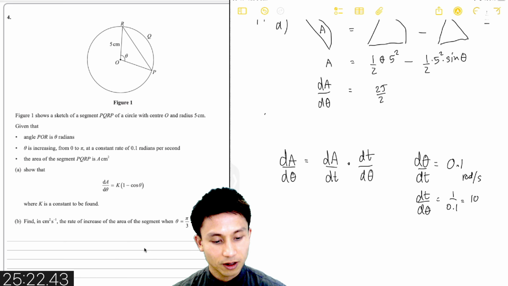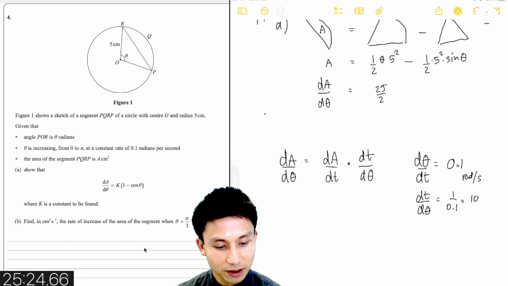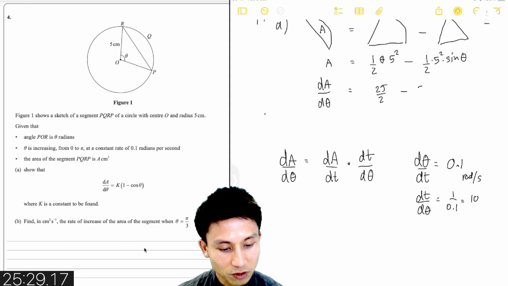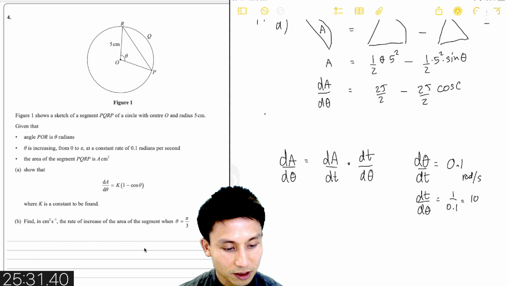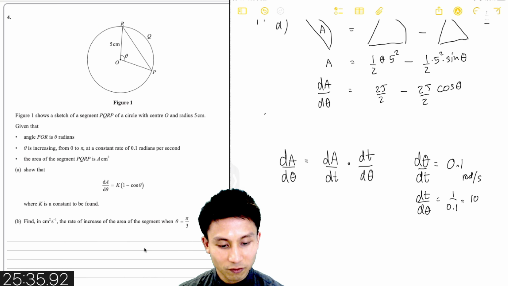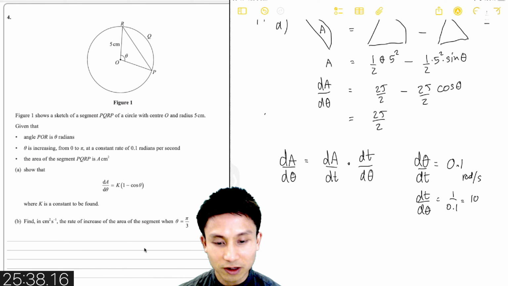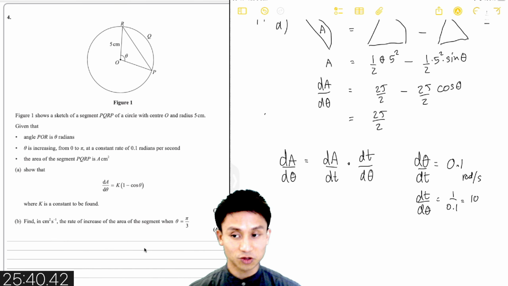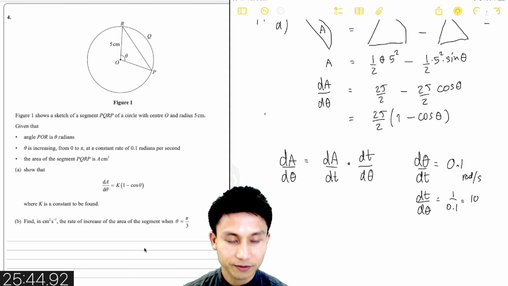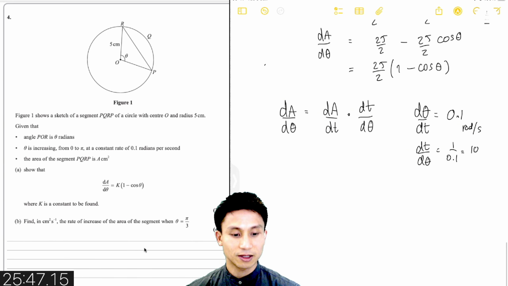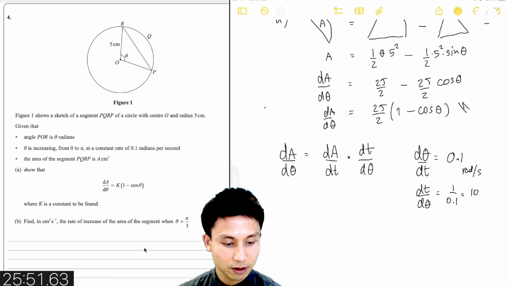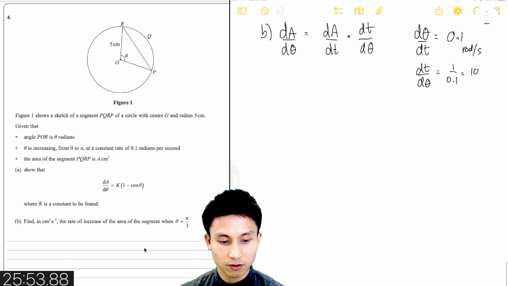And the second term, differentiating sine, we get a cos, so that would be 25/2 cos theta. And that seems to be it. If we factorize 25/2 out, where k is a constant to be found, we get 1 minus cos theta there. So that is all fine. This is as required. And that would be for B.